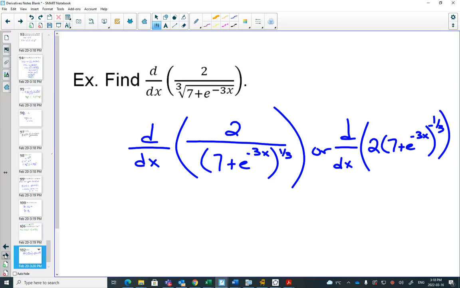If we were doing this one, can you see that there is a chain rule, that this is inside the negative 1/3? So dy dx, your outside function is the negative 1/3. The negative 1/3 comes in front, hits the 2, giving you negative 2/3.